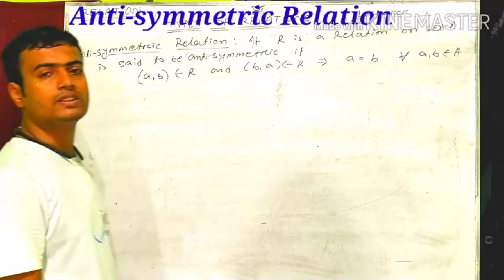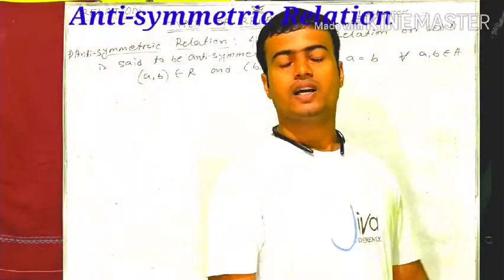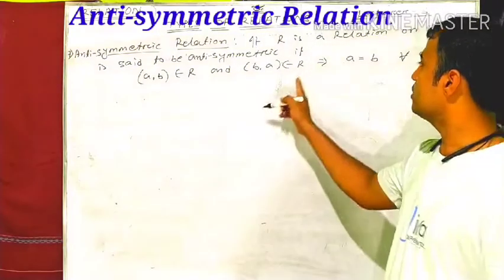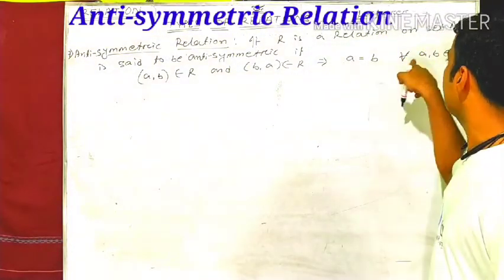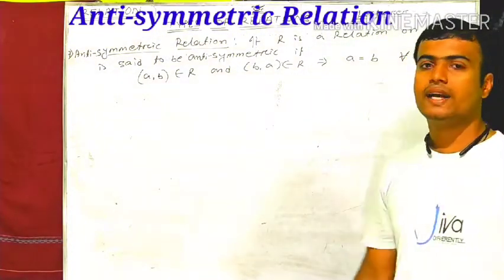Anti-symmetric means if (a,b) belongs to R and (b,a) also belongs to R, that implies a equals b.